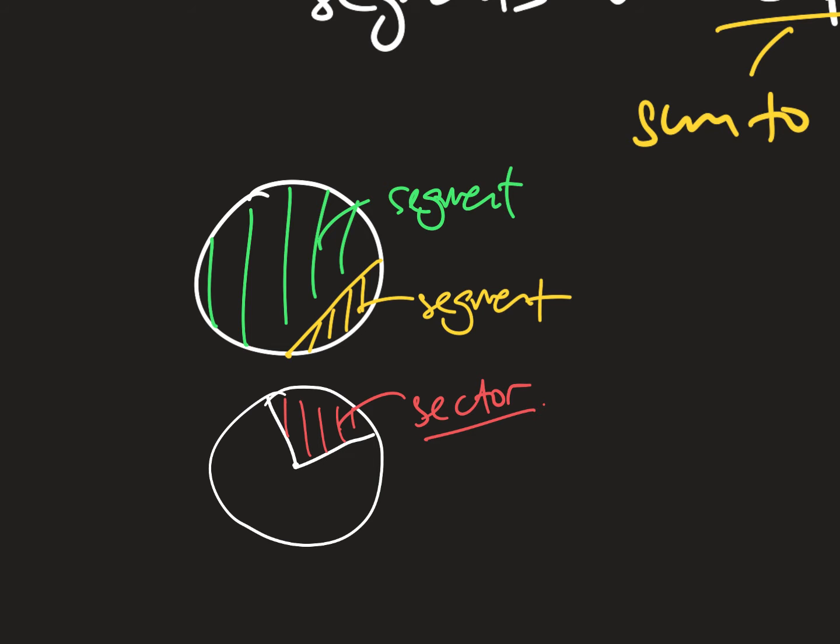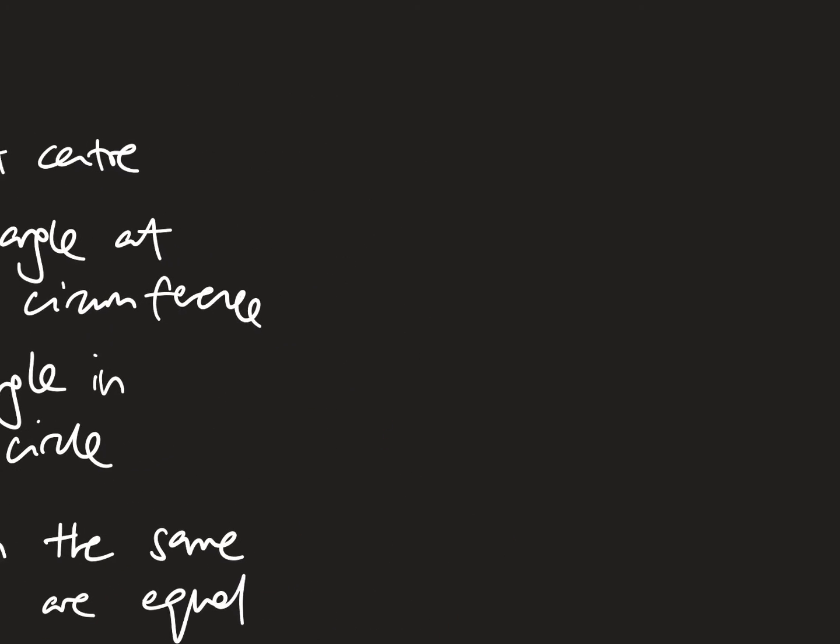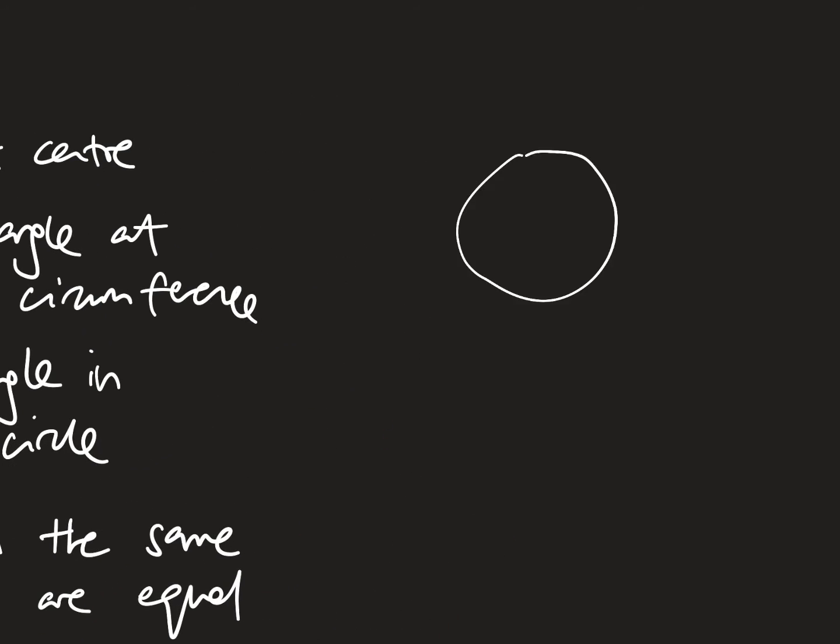That's the difference. And there's also one more property that I'd just like to touch on. And that is, if I have a circle and I have a tangent. So a tangent is basically a line that touches the curve at one point, right? It touches it only at one point over here. And then from this point of touching, I draw a line and I join it to the center of the circle, let's say O. Then this angle over here will be 90 degrees.